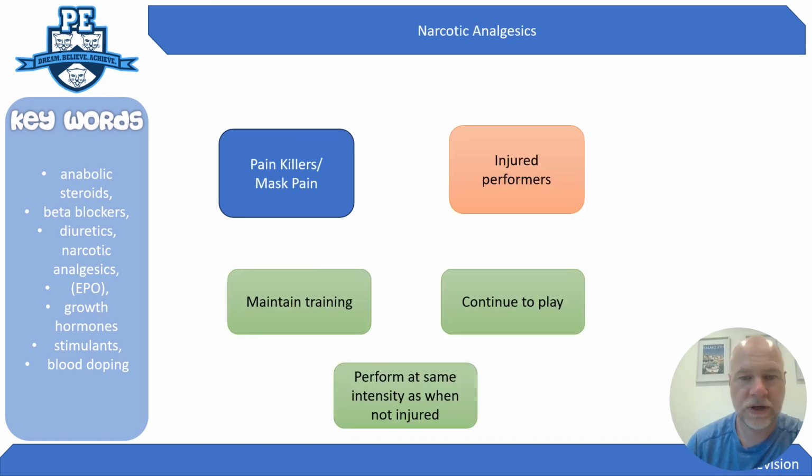So the first one we're going to look at is narcotic analgesics, and if this exam question comes up asking about it, always put down that they are linked to painkillers, or masking pain, or hiding pain, or helping cope with pain. Pain is the key word for this one.